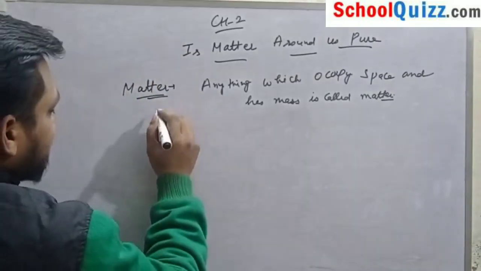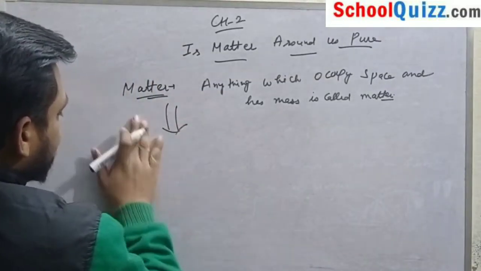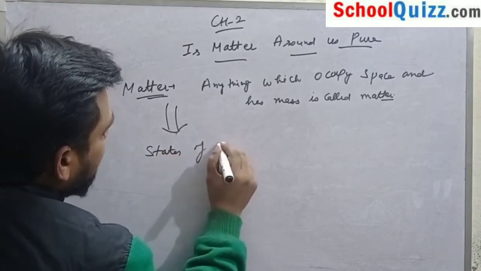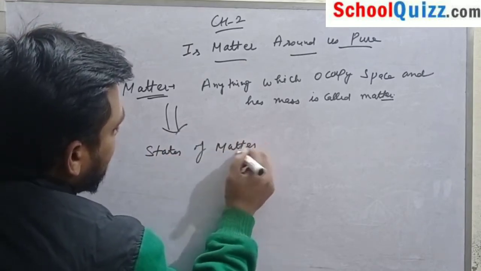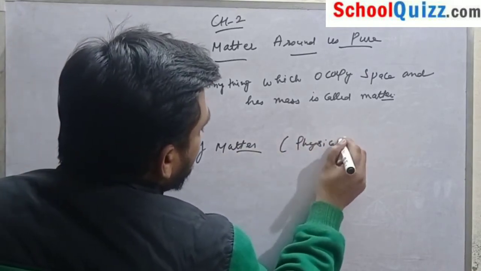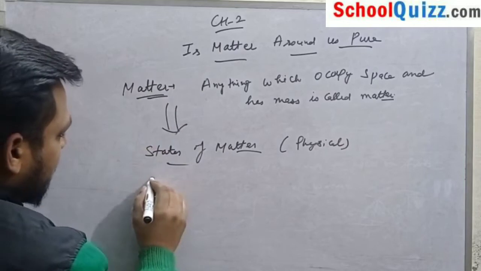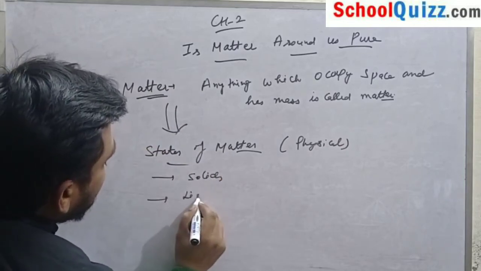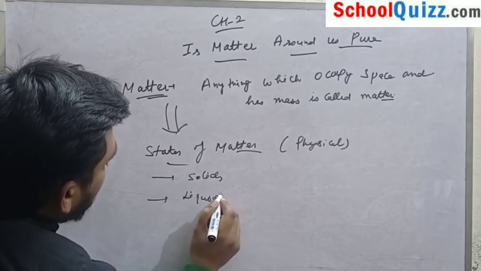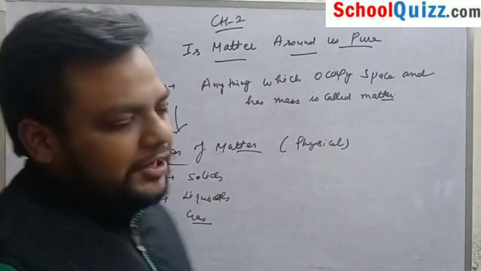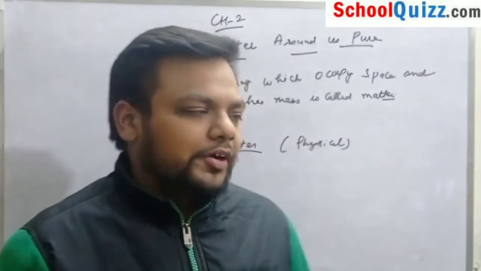In chapter 1, you discussed the states of matter, which is its physical classification: solids, liquids, and gases. The three states of matter were solid, liquid and gas.